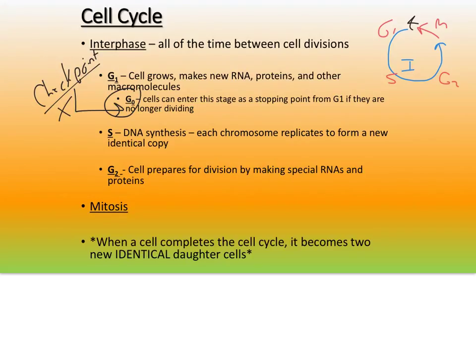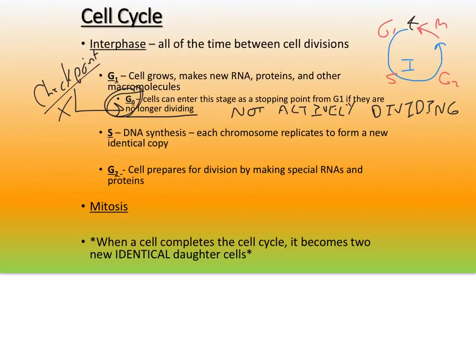G0 is where the cell is doing all of its normal functions, but is just not actively dividing. So a G0 cell is not actively dividing, but it is totally doing what it is supposed to be doing. The majority of cells in your body are actually in G0 stage.